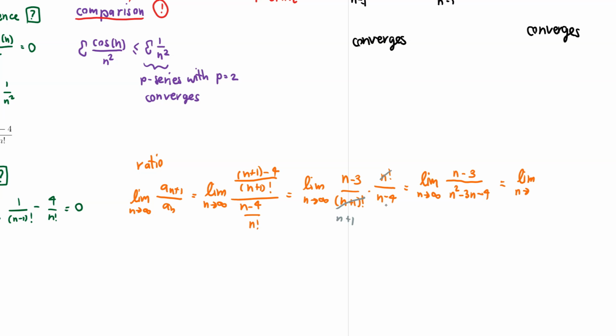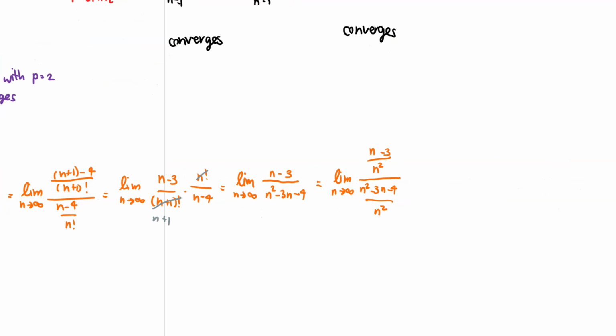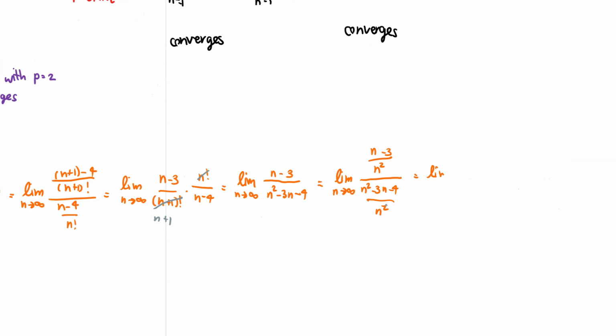So I'm going to get the limit when n goes to infinity of (n - 3) over n squared, over n squared minus 3n minus 4 over n squared. And this is going to give me the limit of (1/n - 3/n squared) divided by (1 - 3/n - 4/n squared). And now when n gets really, really large, this guy will just be 0. So I'm going to be left with 0 over 1, which is 0.